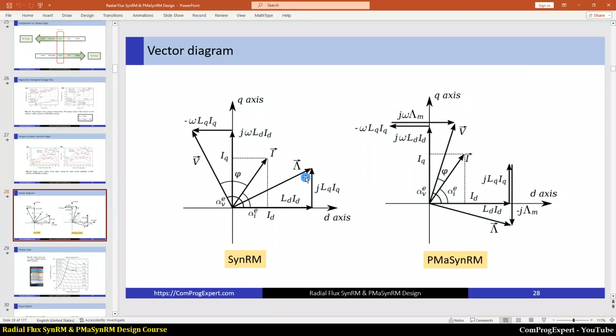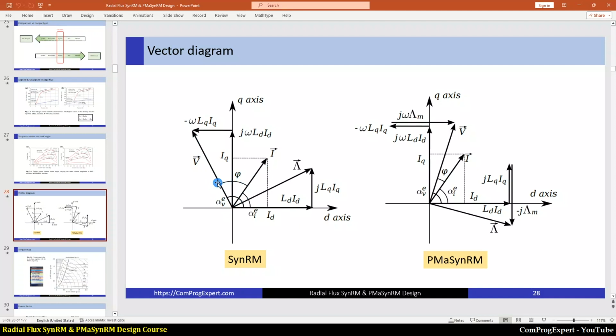And you know that the stator voltage phasor is 90 degrees ahead of the flux linkage phasor. If you neglect the resistive drop, this is the voltage phasor that we have here, and you can see the Q component of the voltage phasor and the D component. So this angle is the angle between the voltage phasor and current phasor, phi.